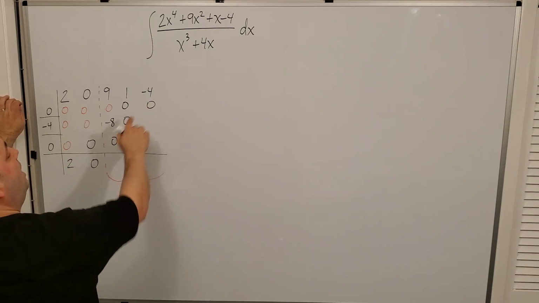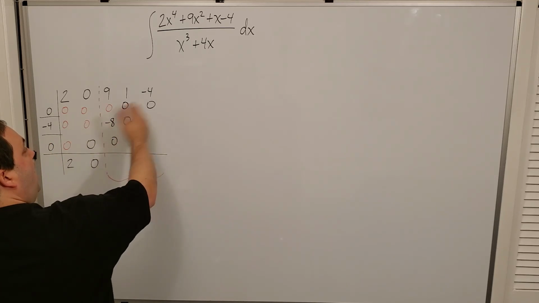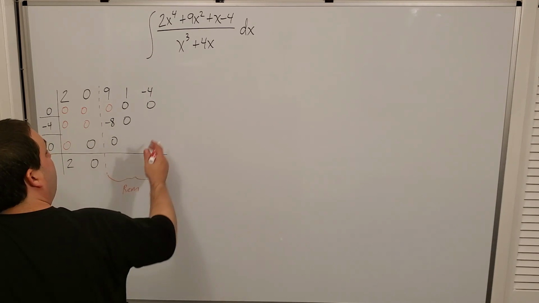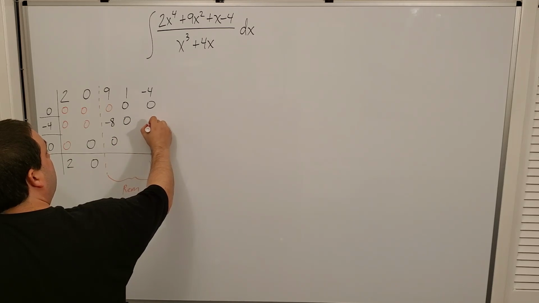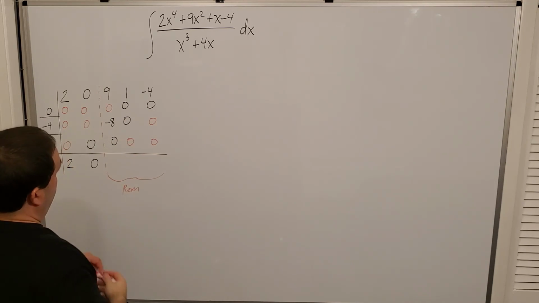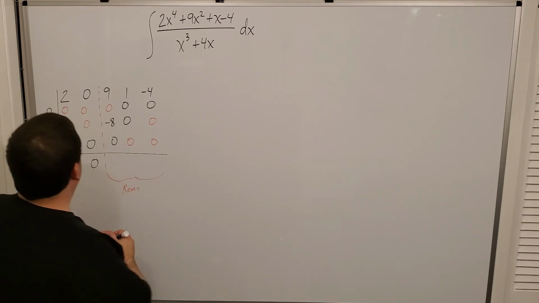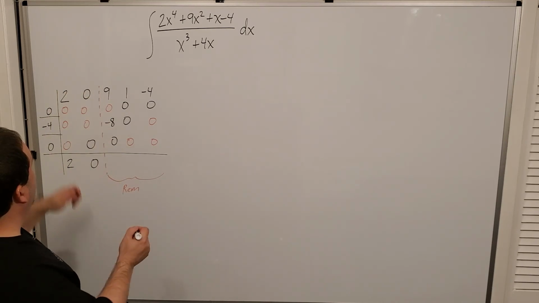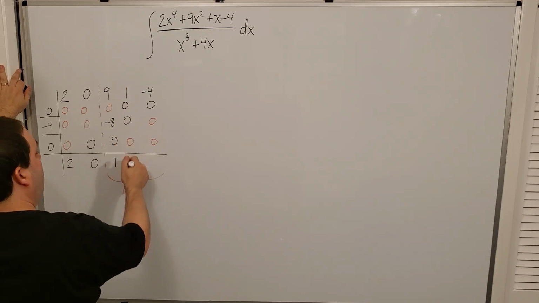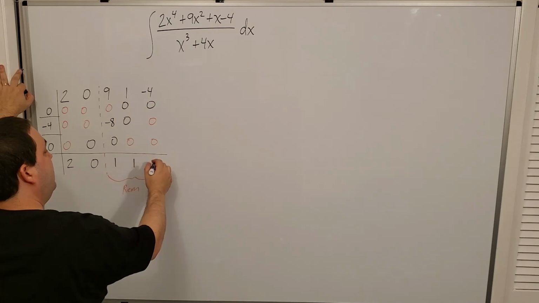And I've hit the top end. Remember, once you hit the top end, that's done. The rest is just shift. So I'm going to be shifting 2 diagonals here. Okay. So let's add up the rest of our columns here. I have a 1, I have a 1, and I have a negative 4 here.